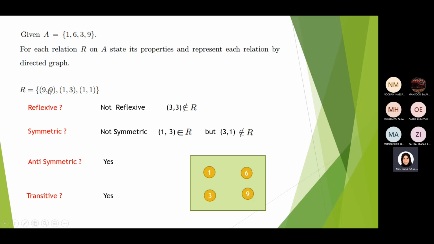Each pair should be represented by a line. It is directed, so it must have a direction, okay? So it should be drawn with a small arrow. So it's from 9 to 9. Then from 1 to 3, the direction of the arrows is very important. Then 1, 1. Each pair is represented by an arrow in your directed graph.